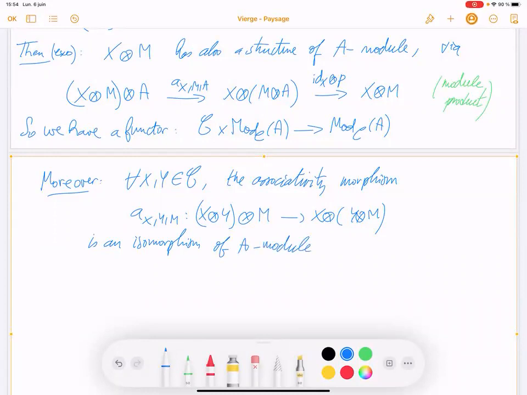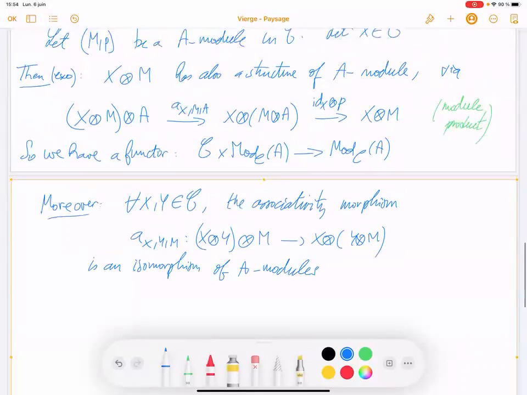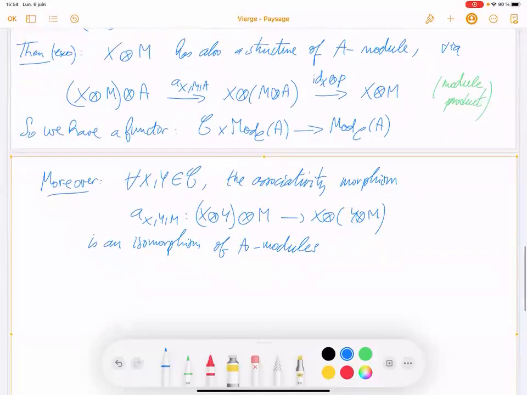This is an isomorphism of a module, and for the module category structure of mod CA, that will be the module associativity constraint.